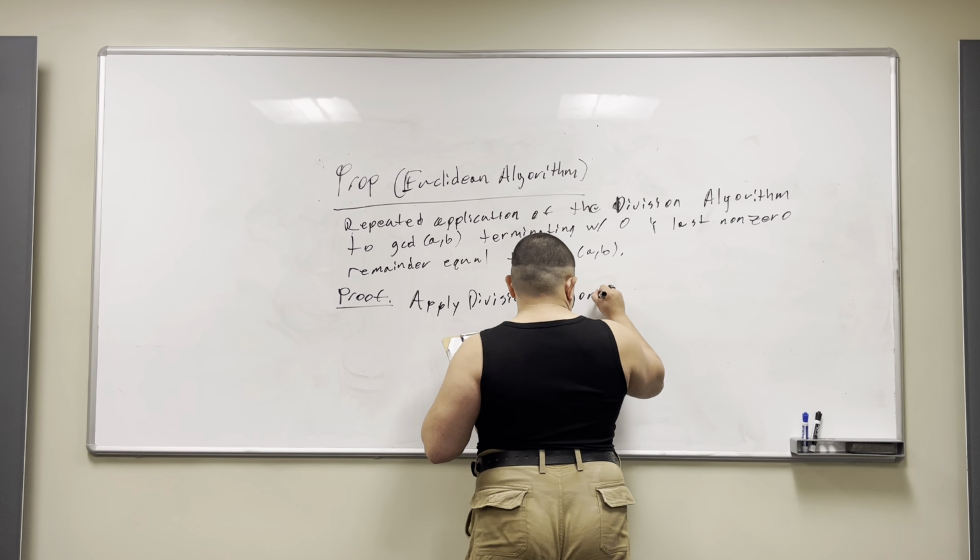A is equal to Q sub 0 times B plus R sub 0. Well, I'll just say R naught, because if I keep saying sub 0, I keep thinking about the Mortal Kombat character. Then B is equal to Q sub 1 times R naught plus R sub 1, etc. Keep it going iteratively.